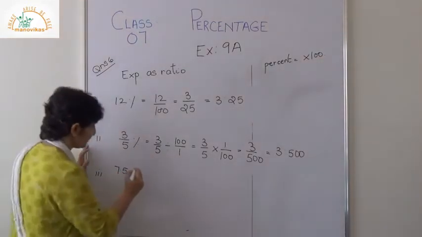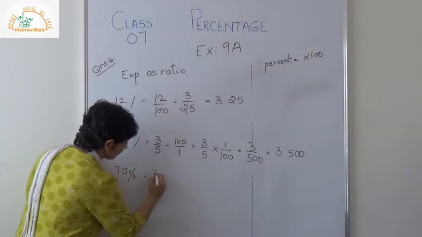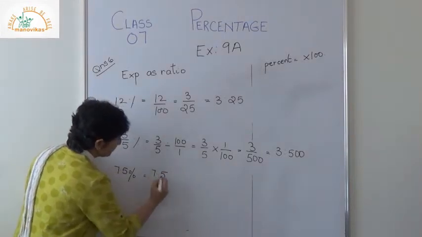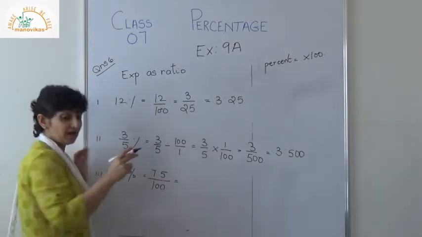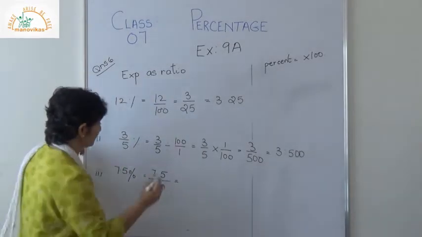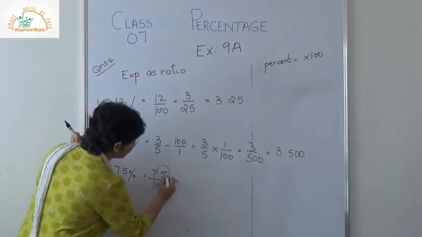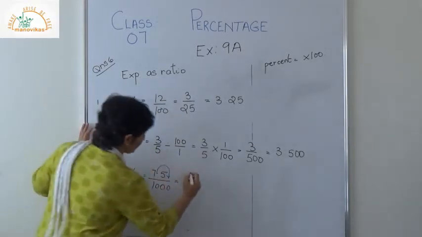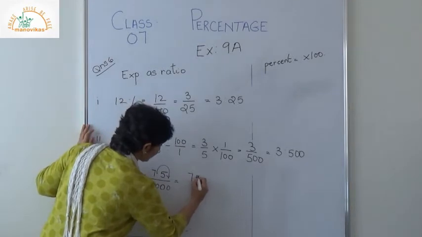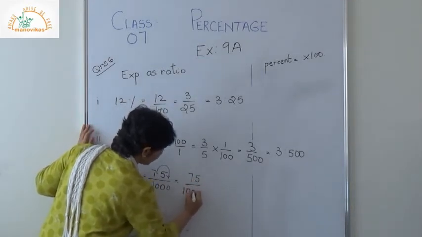Next, if I have, say, 7.5%. Now what do I do, children? First, write as it is. 7.5% means upon 100. Now, if I shift my decimal place, when I shift one place, I will add a 0. So what do I get? 75 upon 1000.